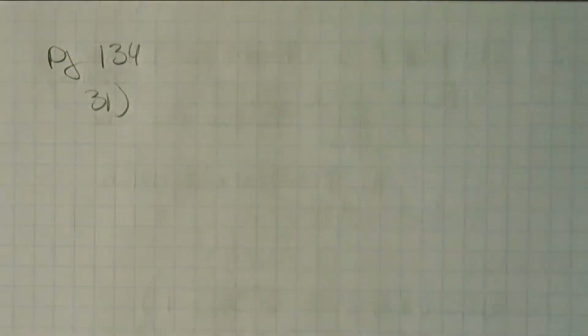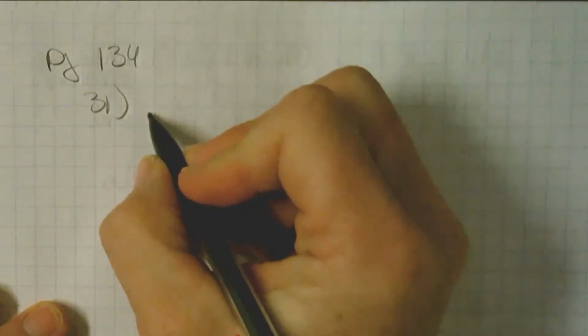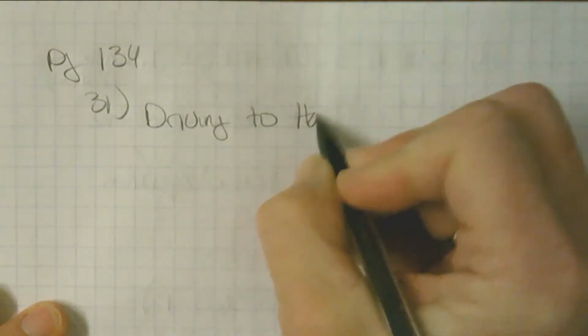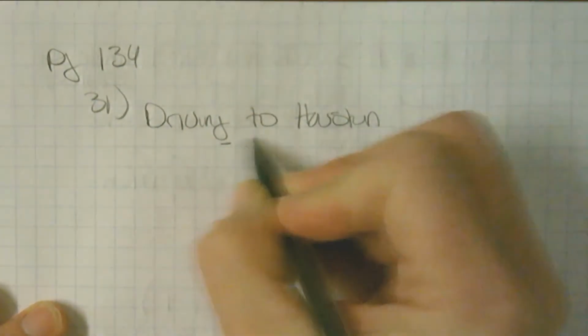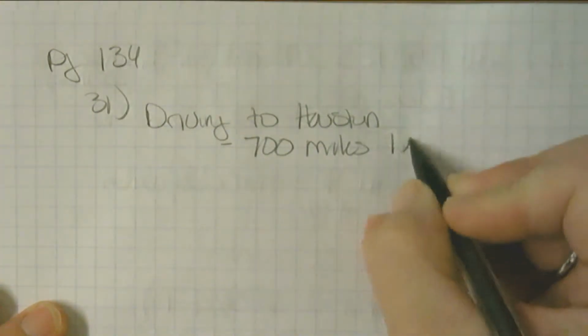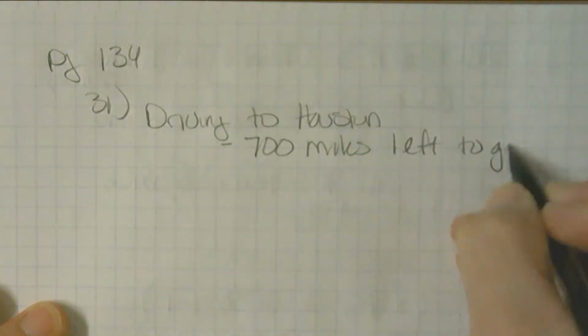All right, if we take a look at 31. 31 said, a family is driving to Houston, Texas. A sign indicates that they are 700 miles from Houston. All right, so we are driving to Houston, 700 miles left to go.